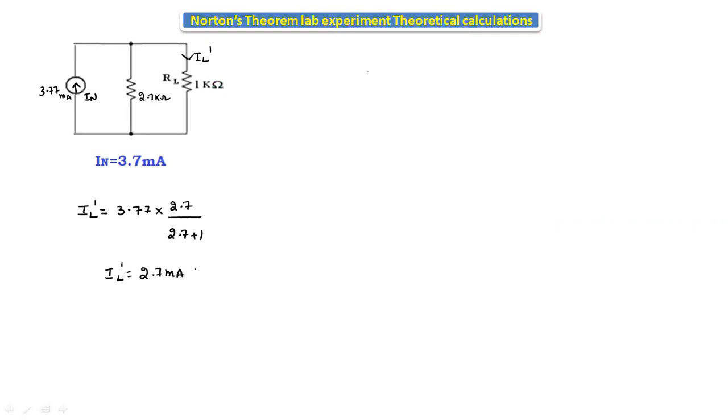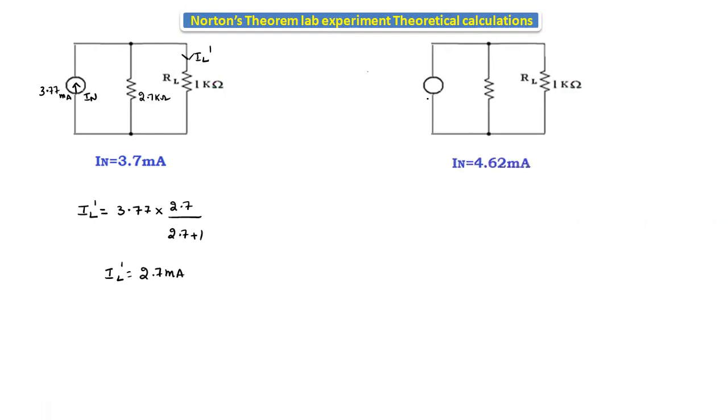Now let's see one more Norton's current. Here Norton's current IN is equal to 4.62 milliamps, and Norton resistance RN is 2.7 kilo ohms. Here also we have to find IL dash in this branch. The same current division rule we are using here.